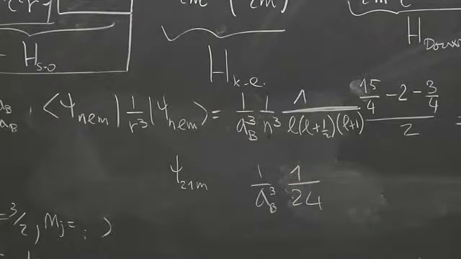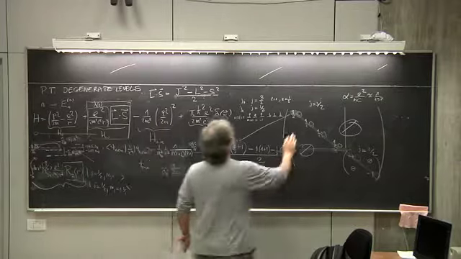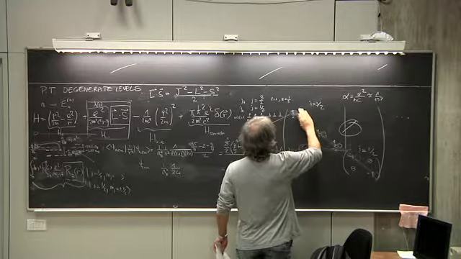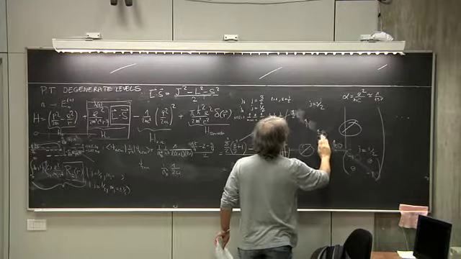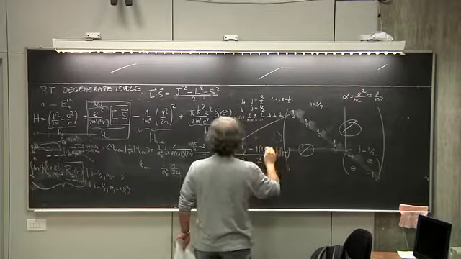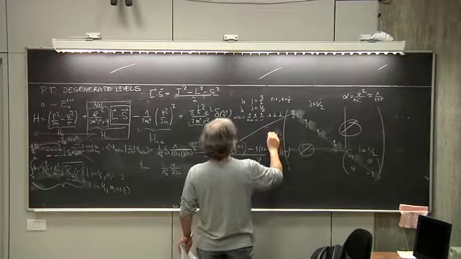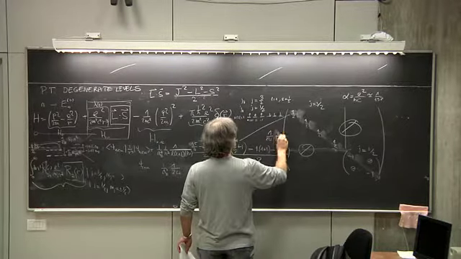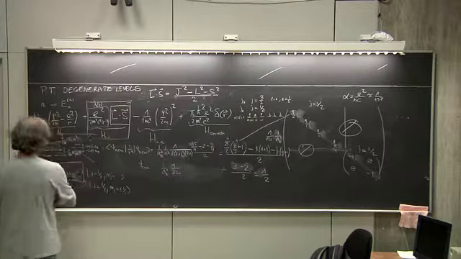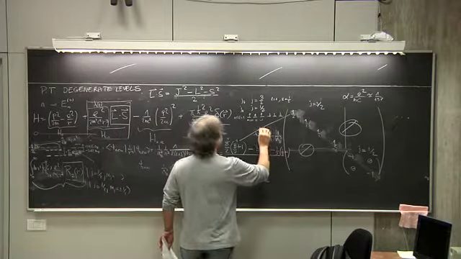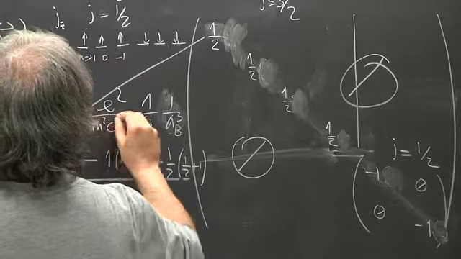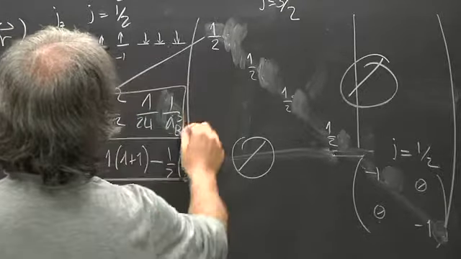So the potato there is 1 over 24. Well, I can take the potato out. It's 1 over 24, the ball radius cubed. Well, not only that, obviously. There is also e squared. There is also 2m squared c squared. So that's the whole thing.